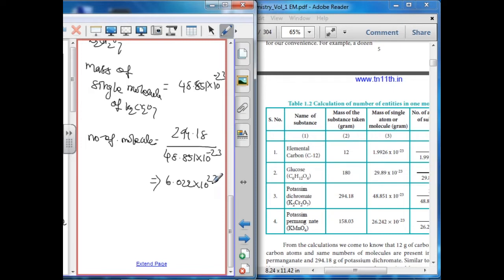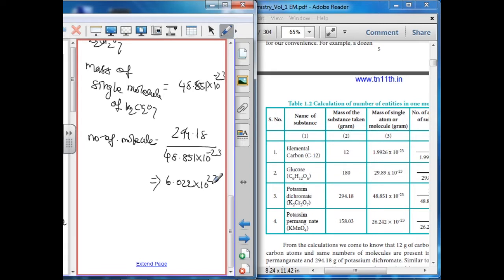At the same time, 180 gram of glucose contains 6.022 into 10 power 23 molecules of glucose. 294.18 gram of potassium dichromate contains 6.022 into 10 power 23 molecules of potassium dichromate. The same way, 158.03 gram of potassium permanganate contains 6.022 into 10 power 23 molecules of potassium permanganate.